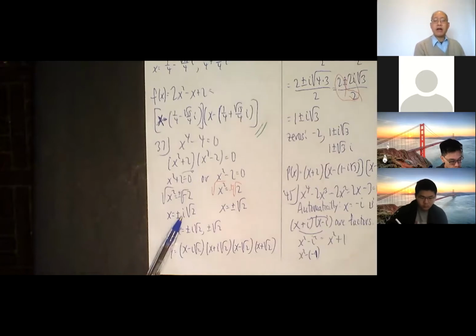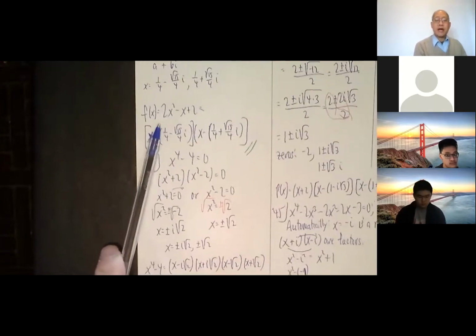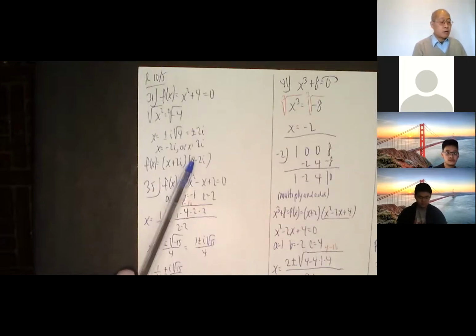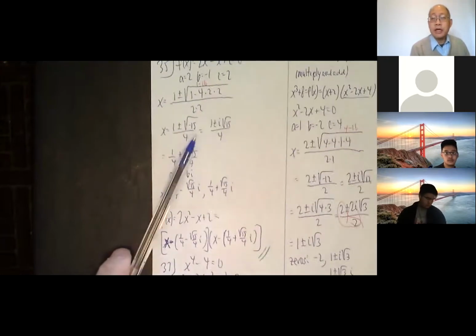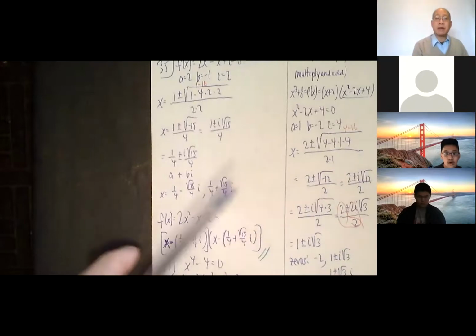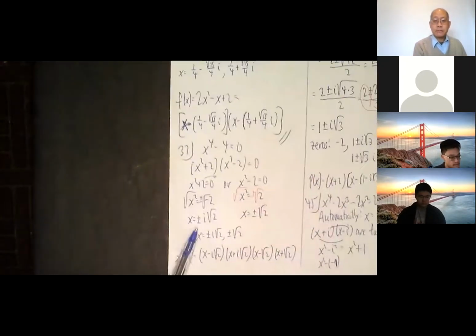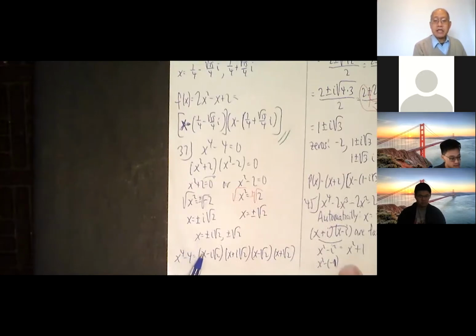Now how do you write it factored? Well, remember what we did at the end of yesterday. If you have a solution of 3, then you know you're going to go parentheses x minus 3. So you go x minus each of these solutions. So I go x minus i radical 2, x plus i radical 2, x minus radical 2, x plus radical 2.